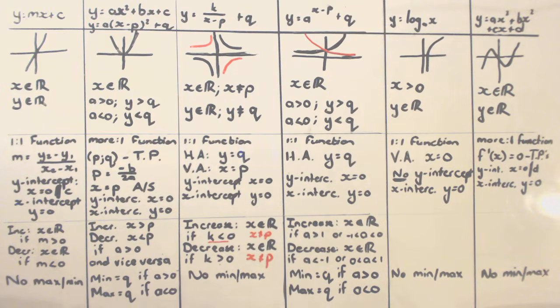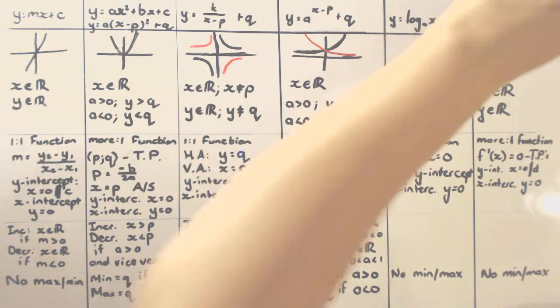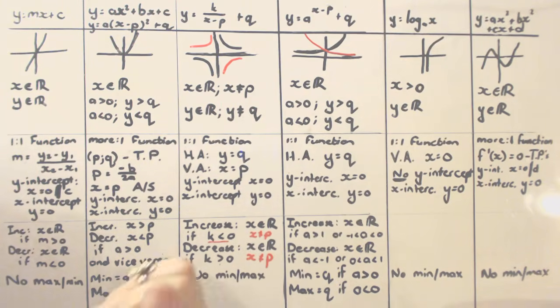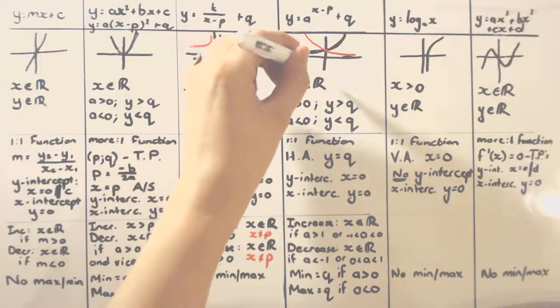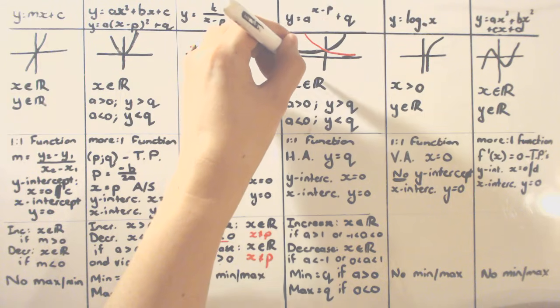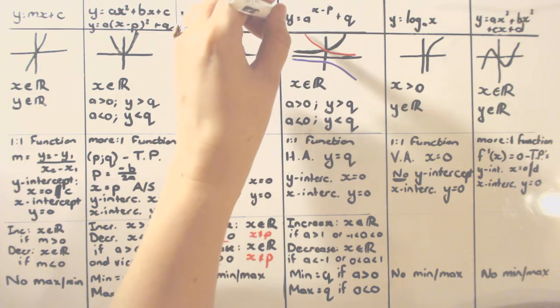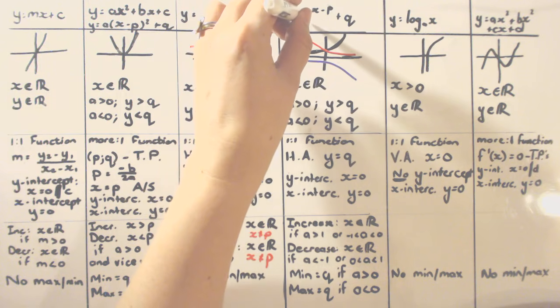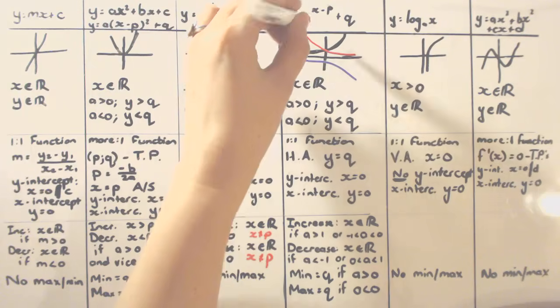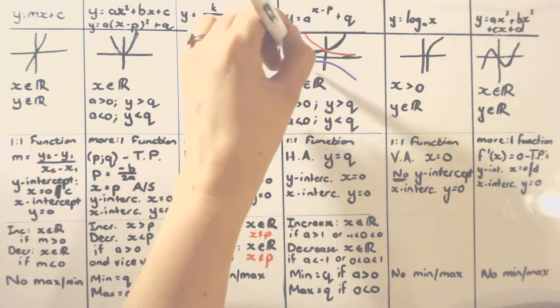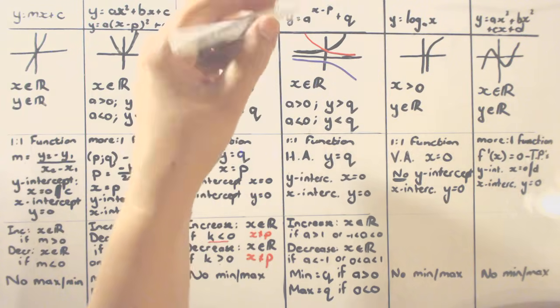Alright? And then if I have negative a, then the graph reflects in the x-axis. If I make the y negative and I go and multiply it out on that side, then I have a negative a. It reflects in the x-axis.